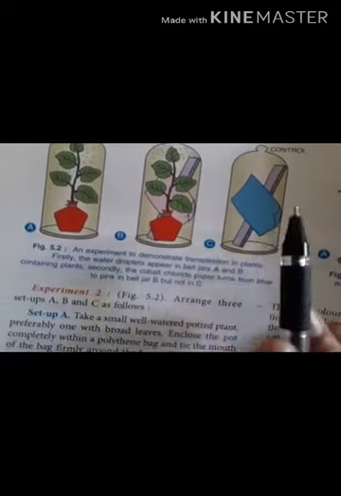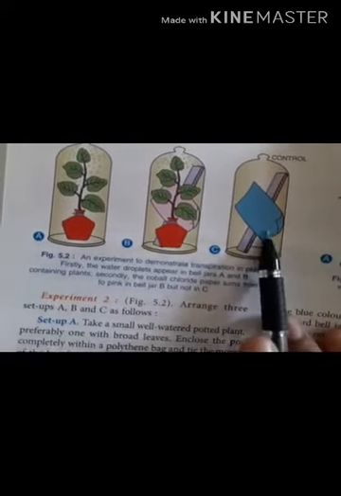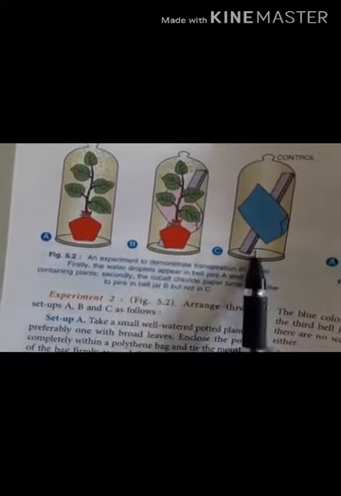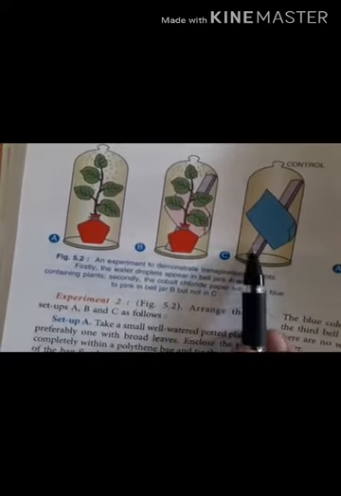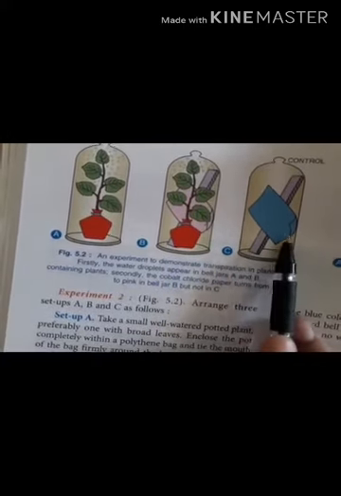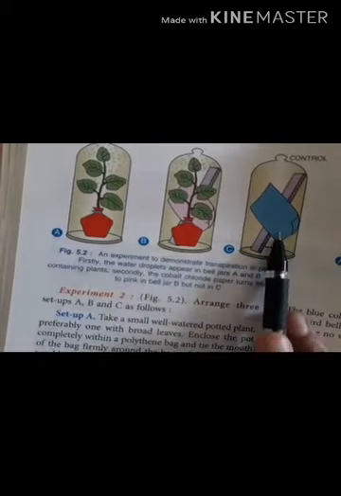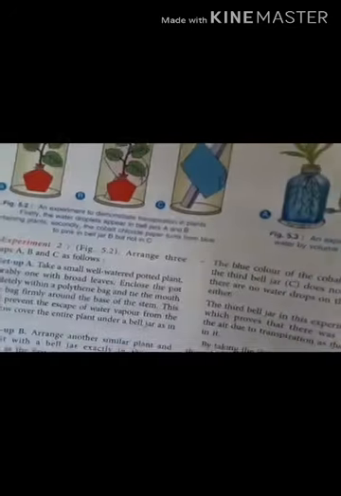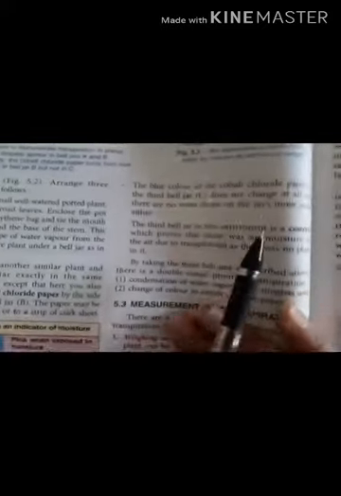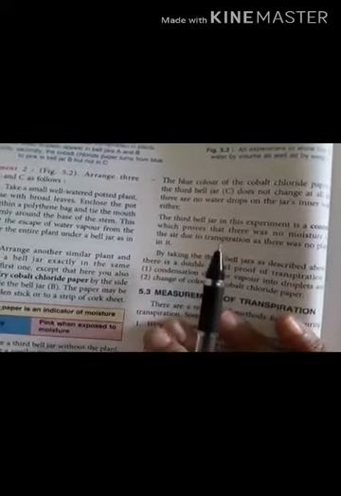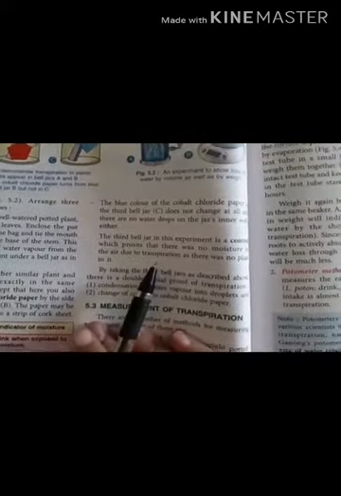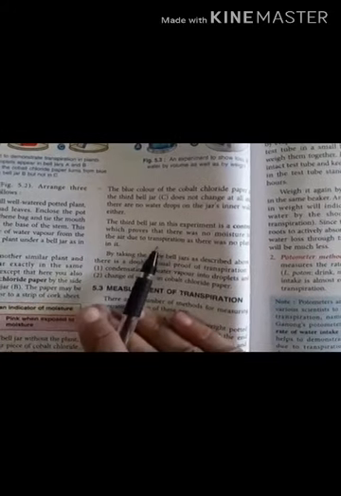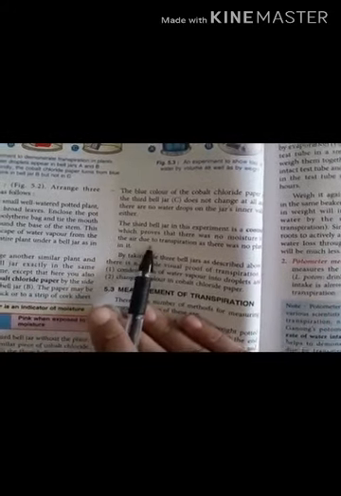And we can see that the cobalt chloride paper in the third bell jar remains blue itself, so it is dry. There is no change, no water droplets on the bell jar, and the indicator also shows no change. So what does this prove? The third bell jar is a control, which proves that there was no moisture in the air due to transpiration, as there was no plant inside it.